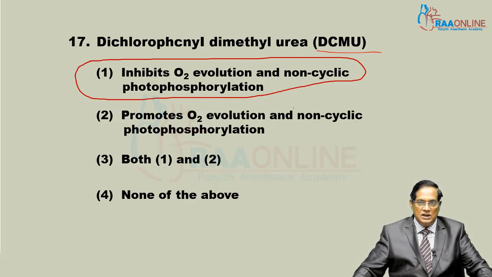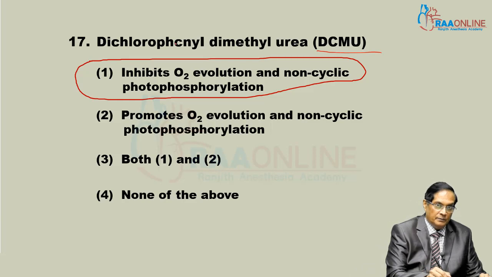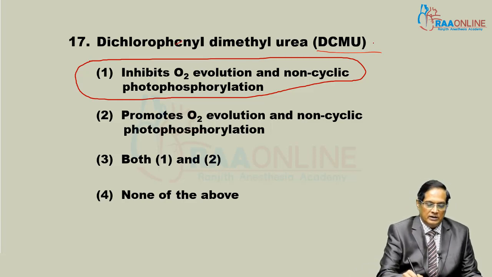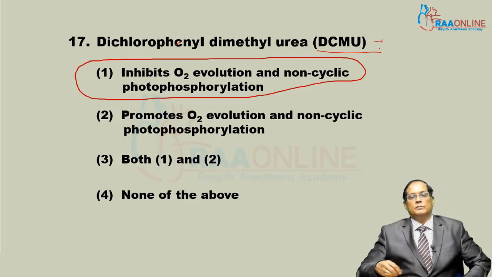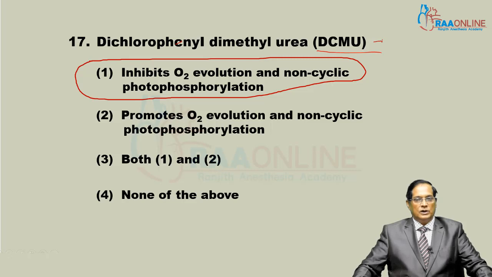So DCMU, dichlorophenyl dimethylurea, is an inhibitor of pigment system number 2. It inhibits photolysis of water and oxygen evolution. If water lysis does not take place, in that case non-cyclic electron transfer is not possible.